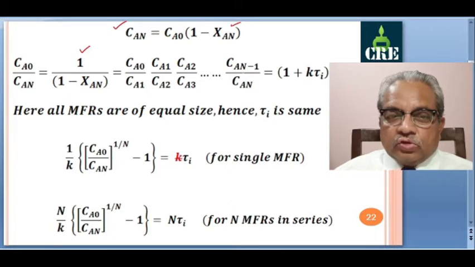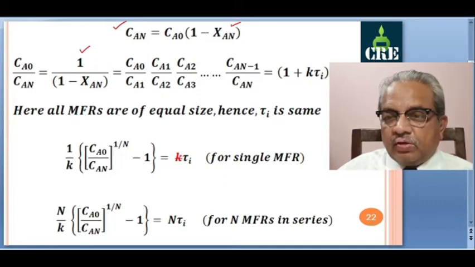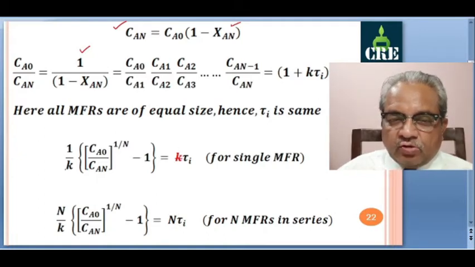So if I write Ca0 by Can raised to 1 by n, and here also I have to write raised to 1 by n, it cancels out, and you get simply 1 plus k tau i. This 1 is transferred to this side, so it becomes Ca0 by Can raised to 1 by n, minus 1, and we also transfer this k to this side.